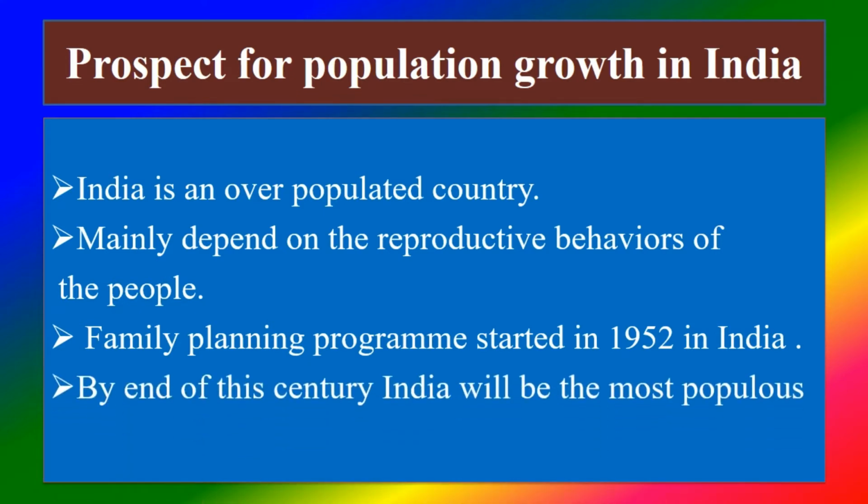By the end of this century, India will be the most populous country in the world. The reason is the large base population. The family planning programs aim at safe motherhood and safe childhood.